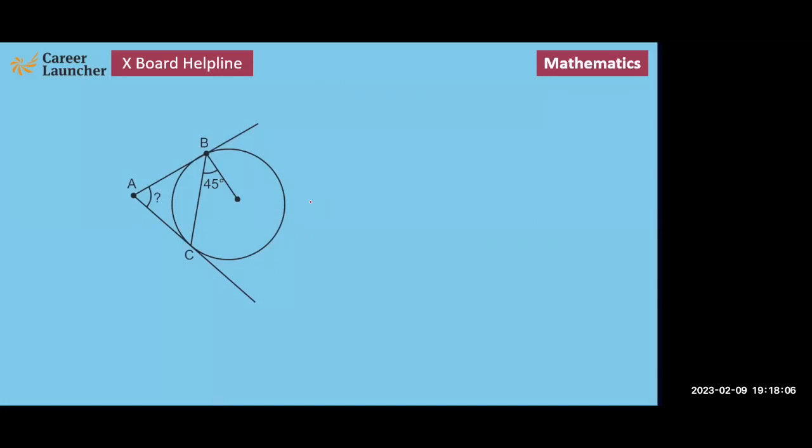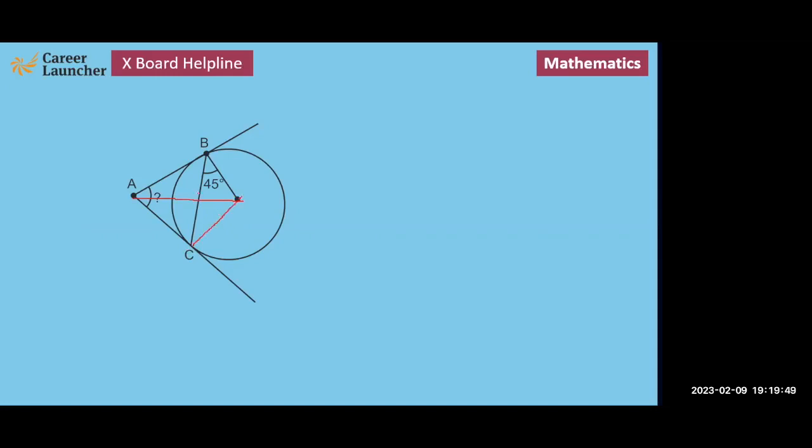You have to find out what is the angle BAC. Let's see what happens. The first thing is if I just connect these two, one of the things we must understand is these two triangles are identical.